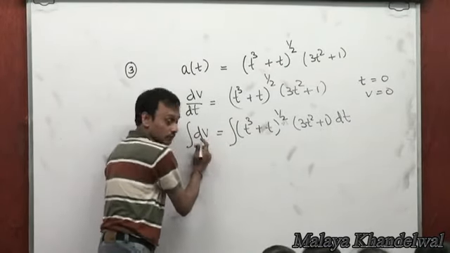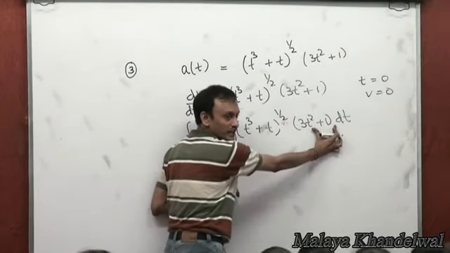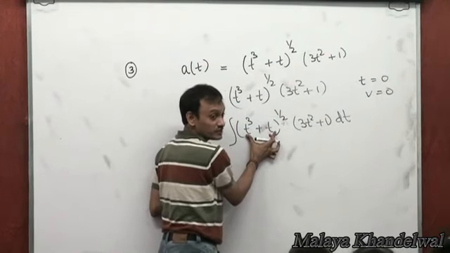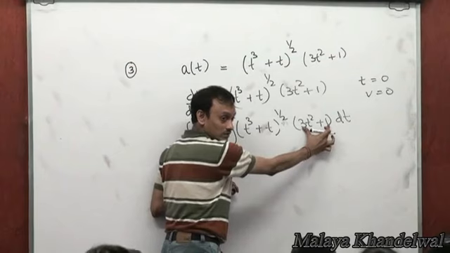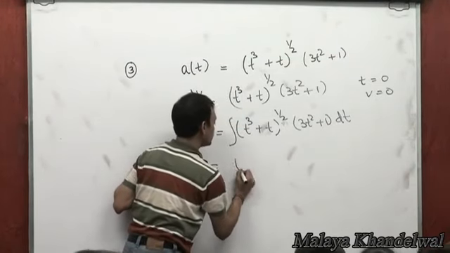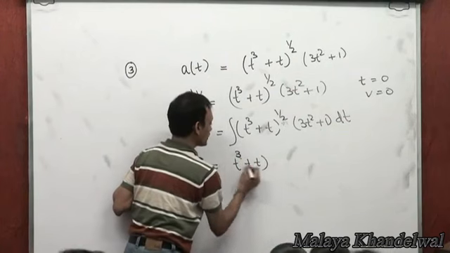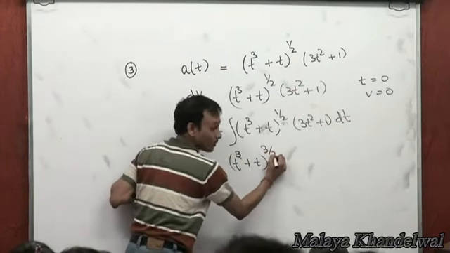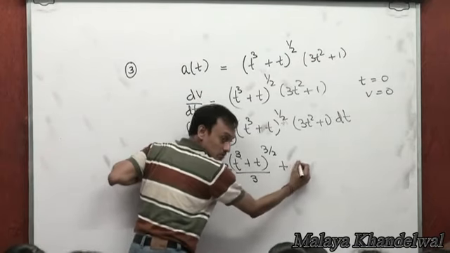Integral dv would be, this is function raised to a certain power into the derivative of the function. Realize that the derivative of this is 3t squared plus 1. So that makes it like a t cube plus t power half plus 1, 3 by 2, divided by 3 by 2, plus c.